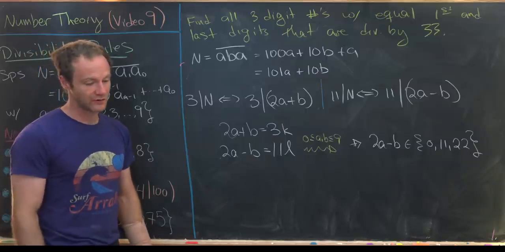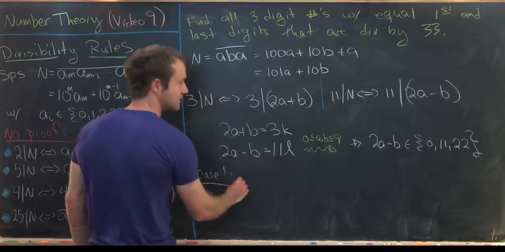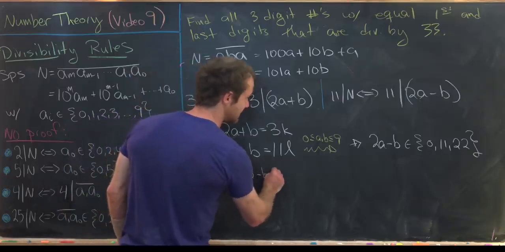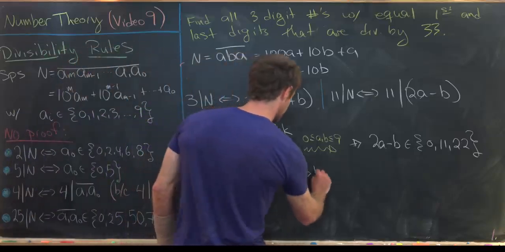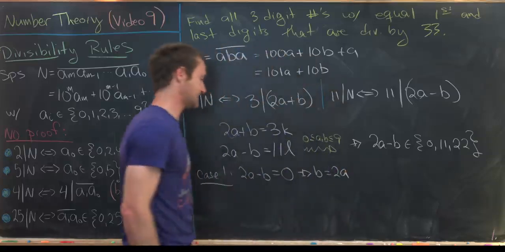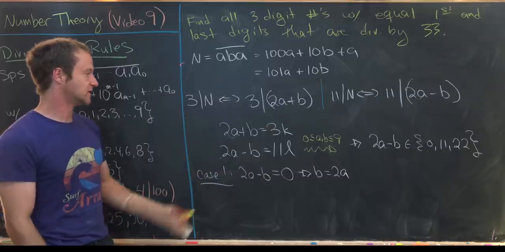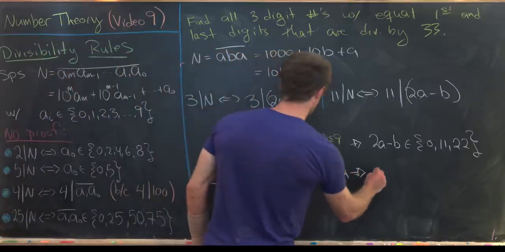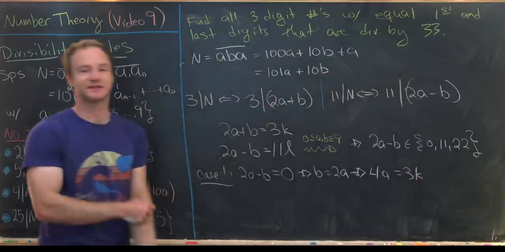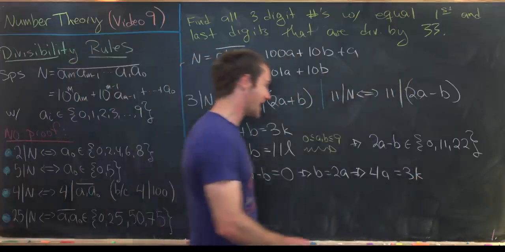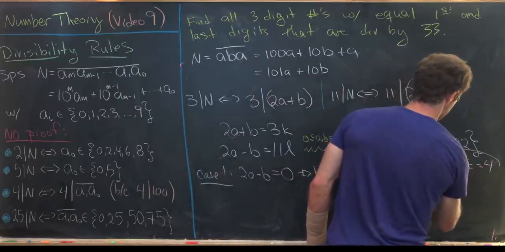So now we're just going to run through these one case at a time. So case number 1 is that 2A minus B equals 0. Okay, but that tells us that B is equal to 2A. Now we can plug that into our other equation. So that tells us that we have 4 times A is equal to 3 times K. And from that, it will follow that A is equal to 3 and K is equal to 4.